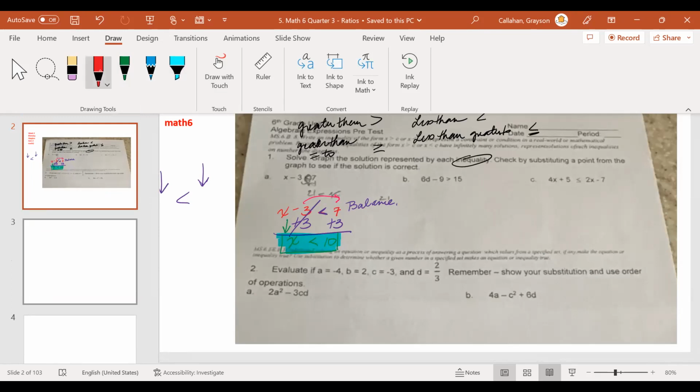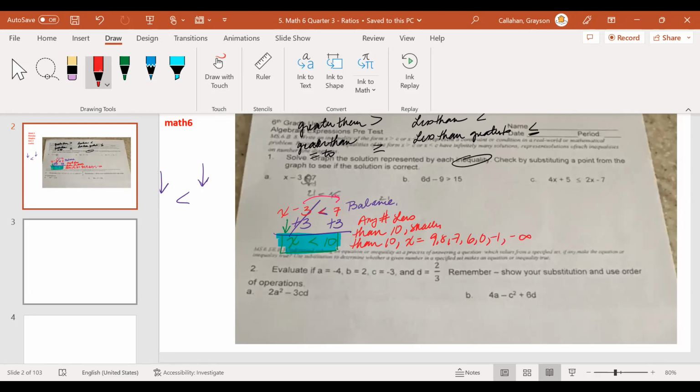So what does that mean? That means any number less than 10 or smaller than 10. Like that will mean x can be 9, 8, 7, 6, 0, -1, negative infinity. All of those numbers are less than 10.